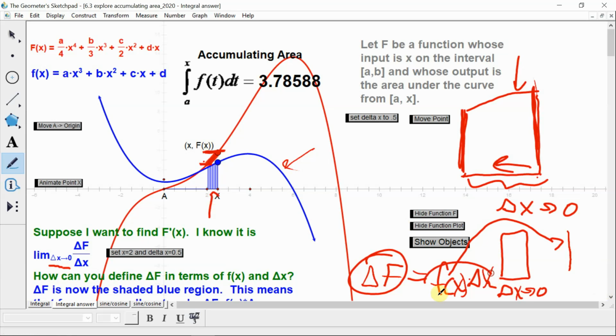But if I substitute this now in here, look at what we would have. We would write the limit as delta x approaches 0 of f of x delta x over delta x. Do you see the 0 over 0 indeterminate form that we have right here? But there's a common factor.